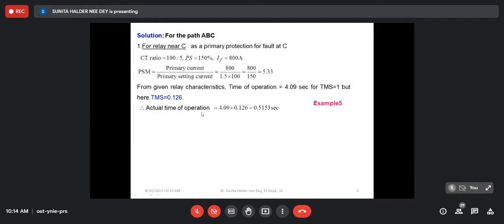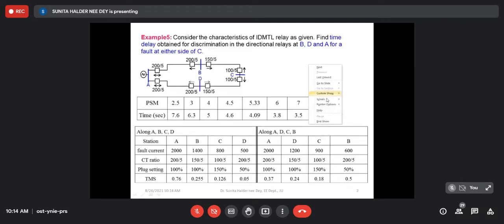From there, we can find out the actual time of operation. So it will be the time of operation for the relay near C, and we are considering the path ABC. That means we are setting this relay. Path ABC means we are setting this relay, not this relay, right?